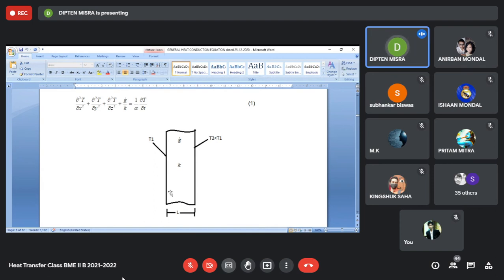And suppose we call this face x equal to 0, and this face of the wall x equal to L, where y varies from 0 to h and z varies from 0 to d, the depth of the wall.